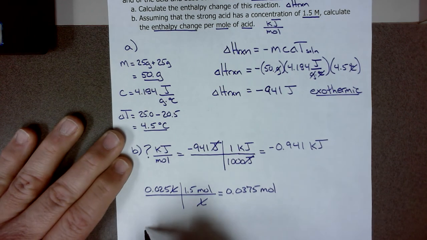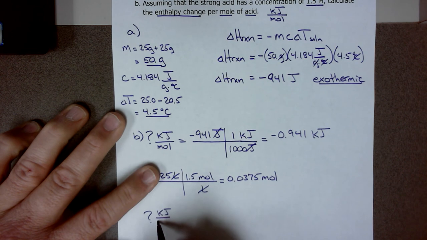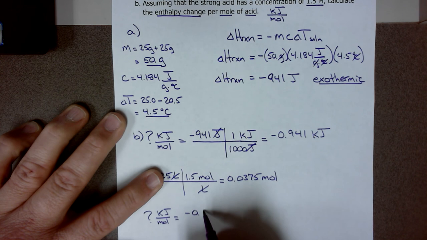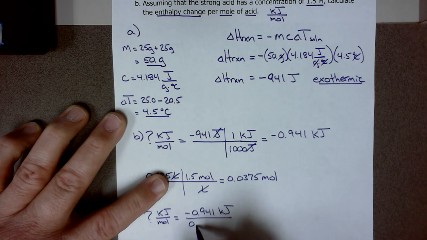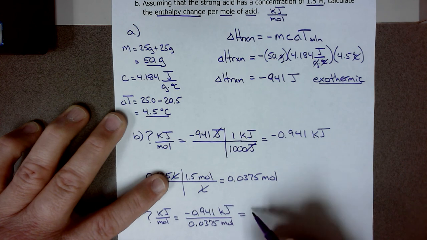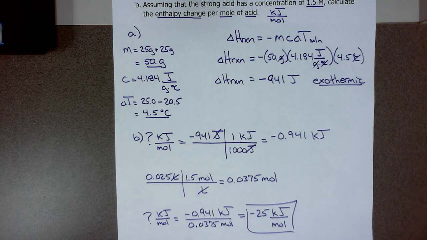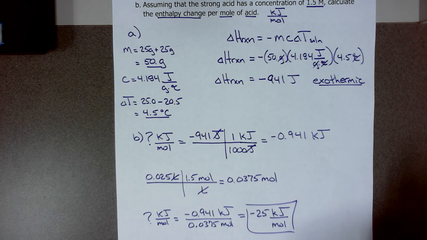So kilojoules per mole is equal to 0.941 kilojoules over 0.0375 moles, and that comes out to a negative 25 kilojoules per mole. I just want to make sure I got kilojoules per mole. And that's how we work that problem.